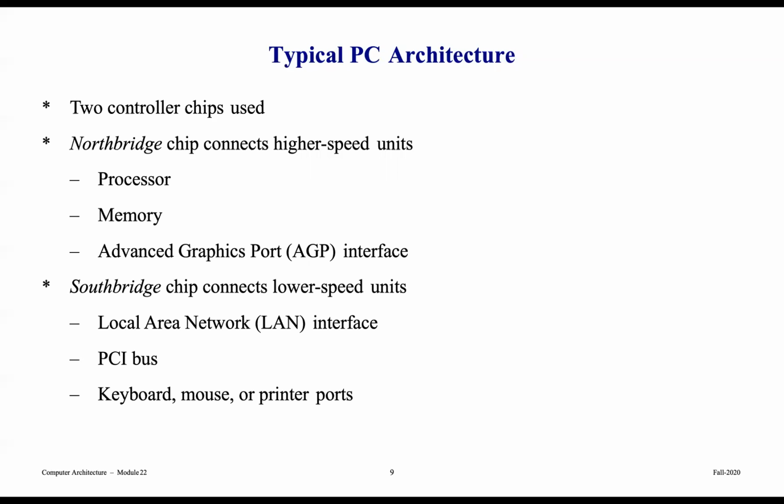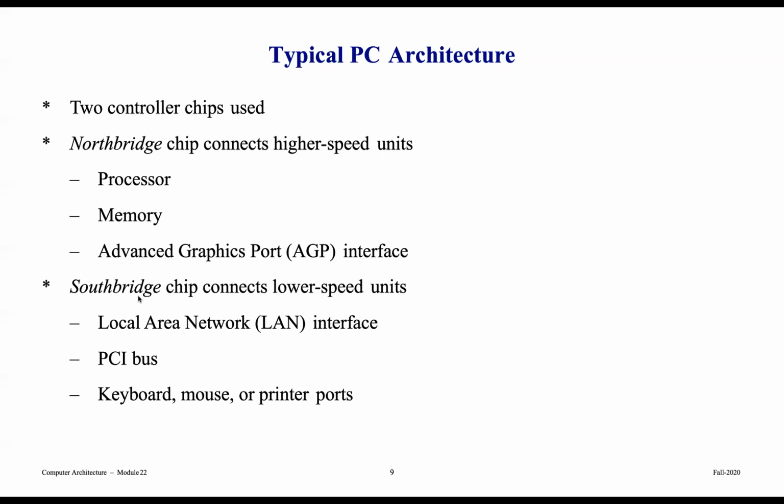So what about a typical PC architecture? The two controller chips that are used are a north bridge and a south bridge, and we'll talk about this in the next handful of charts. The north bridge is for the processor, memory, and the advanced graphical port, AGP interface, so the graphics card.